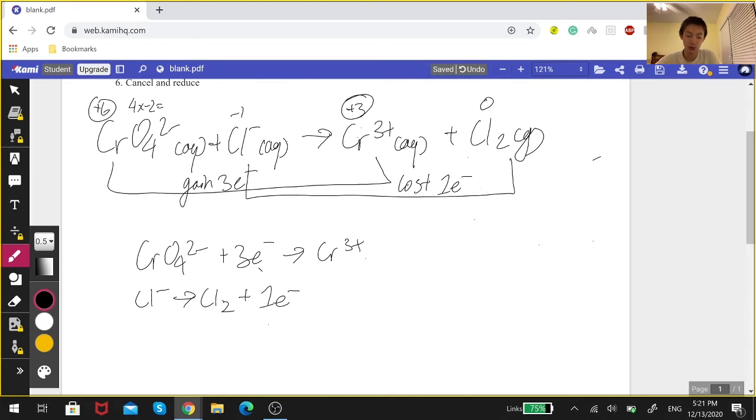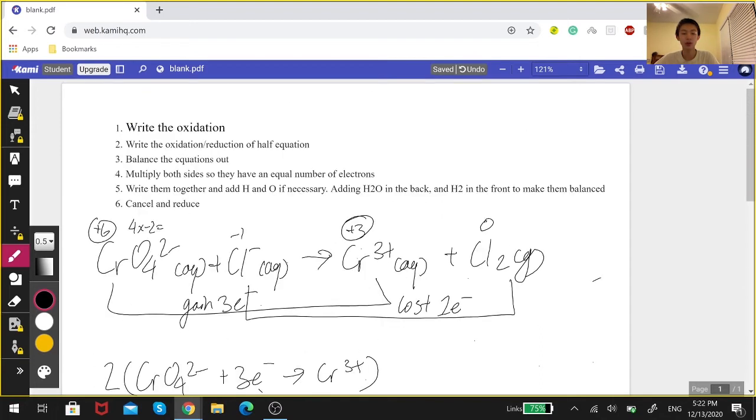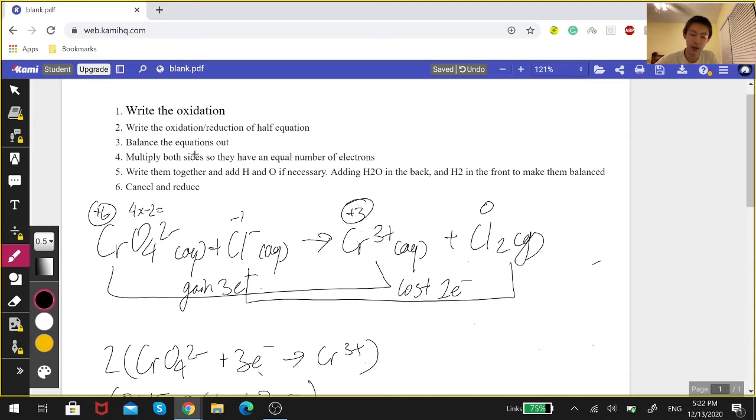Now we have to balance everything out. Cl2 has a 2, so Cl- has to be a 2, and that makes it 2 electrons as well. Everything looks okay. Now we have to multiply, so we multiply the first reaction by 2 and the second by 3, both sides of both reactions.